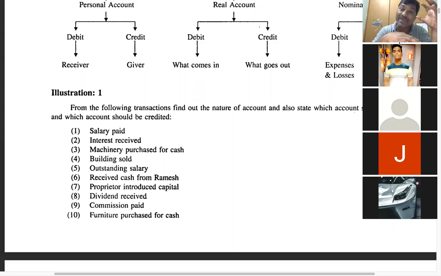The debit is always in the first line and the credit is always in the second line. Okay, clear? Any confusion?